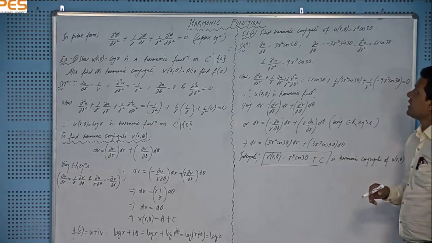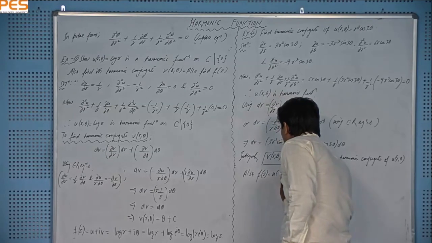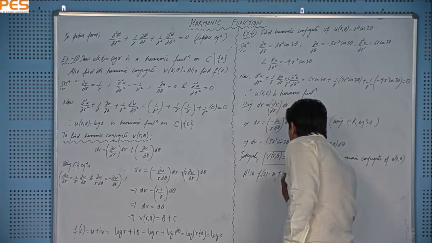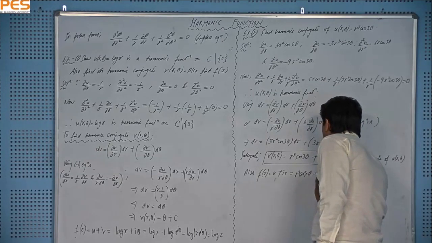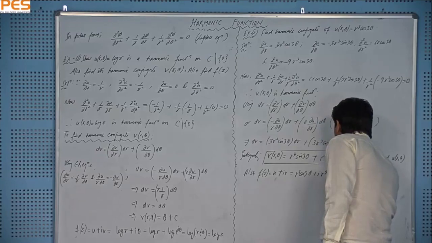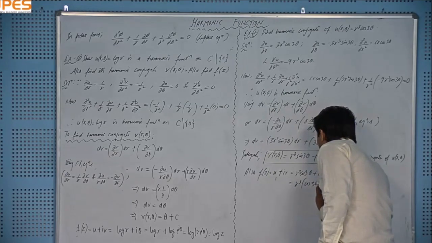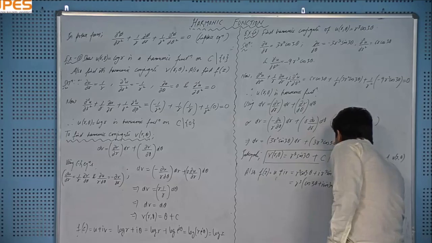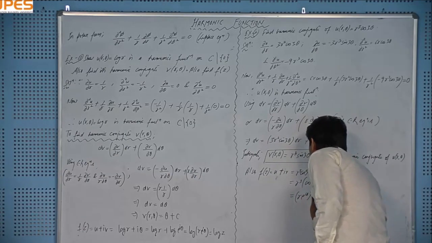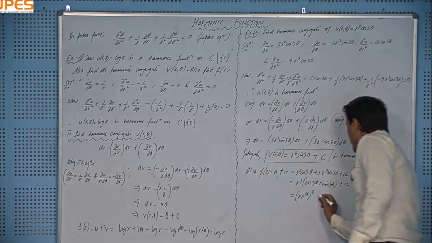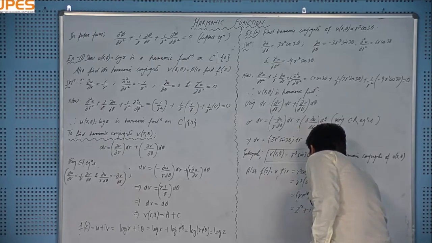And we can again find f(z) also, f(z) equal to u plus iota v, we know that, equal to u is given, that is r cube cos 3 theta, plus iota r cube sine 3 theta plus iota c, and then taking r cube common from here, I will get r cube, cos 3 theta plus iota sine 3 theta, plus iota c, and this will become e to the power iota 3 theta, and that is e to the power iota theta whole cube, okay, fine, plus iota c, and this will be z cube plus iota c, right?